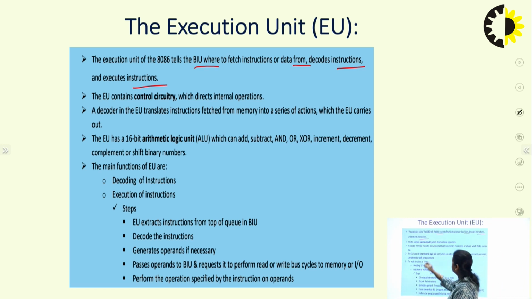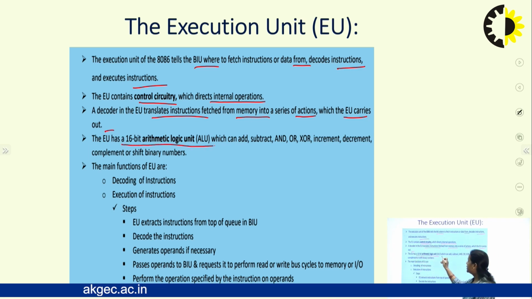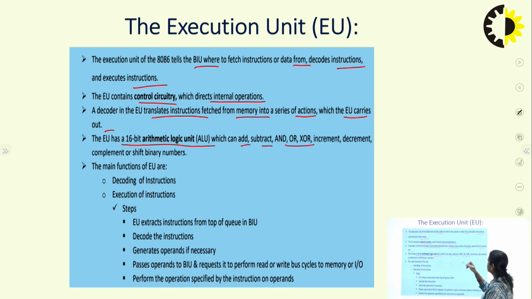The execution unit contains control circuitry which directs internal operation. A decoder in this execution unit translates instructions fetched from memory into a series of actions which the execution unit carries out, and the execution unit has a 16-bit arithmetic logic unit, that is ALU, which can add, subtract and perform logical operations.